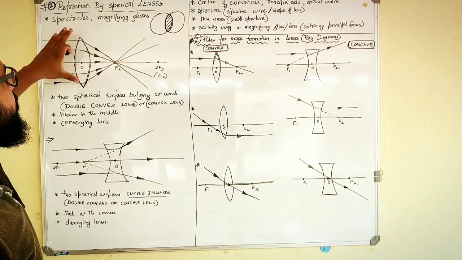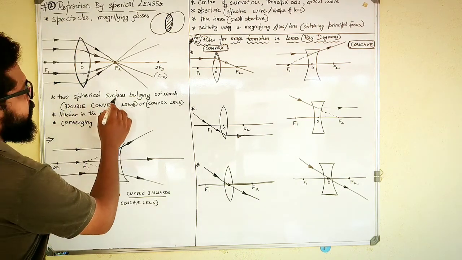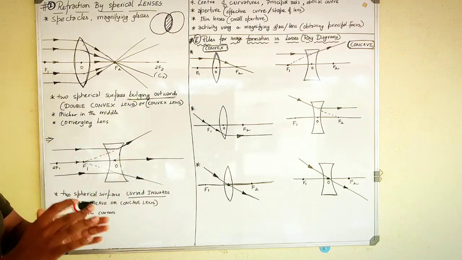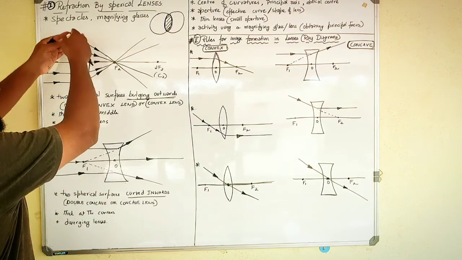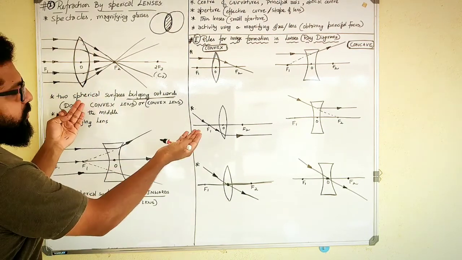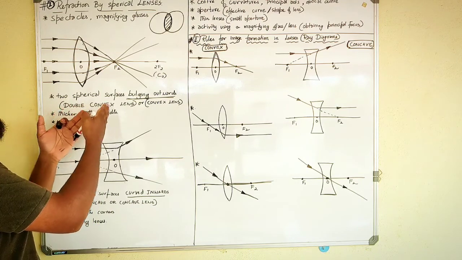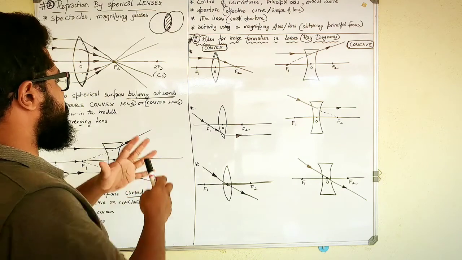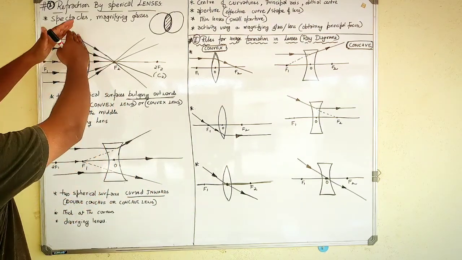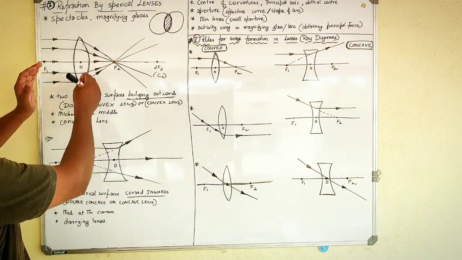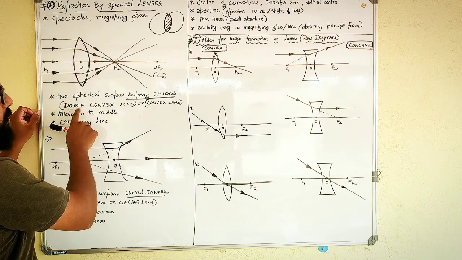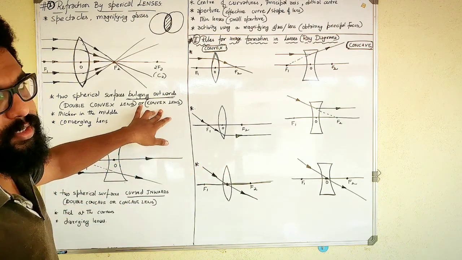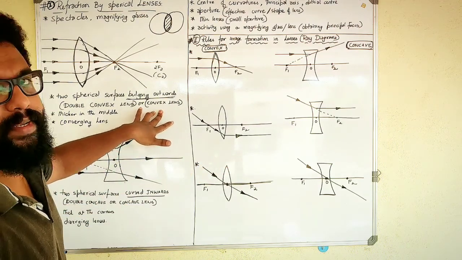A spherical lens which has two spherical surfaces or two curved surfaces bulging outwards is called a double convex lens or just a convex lens. So these have two curved surfaces which are bulged outwards, which looks like this, and is called a double convex lens or simply a convex lens. Henceforth we'll be considering it as just a convex lens. We need not remember it as a double convex lens.